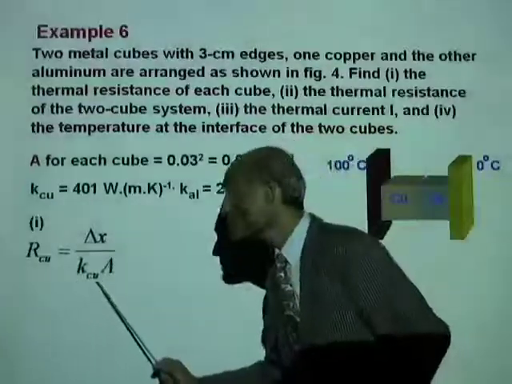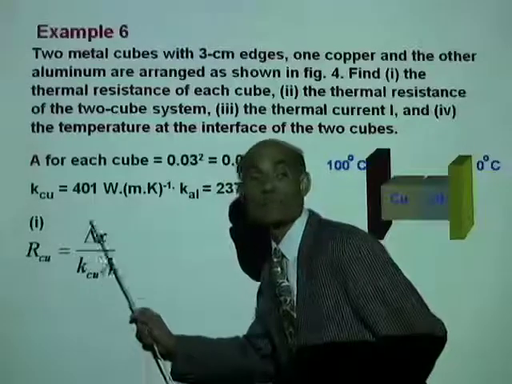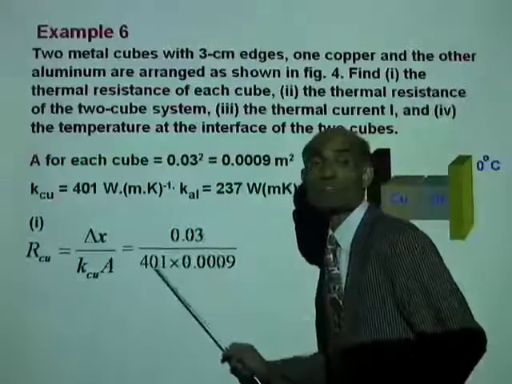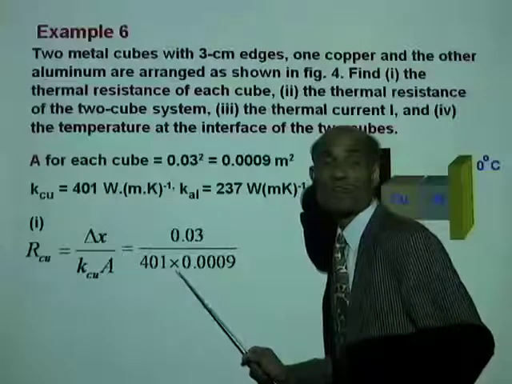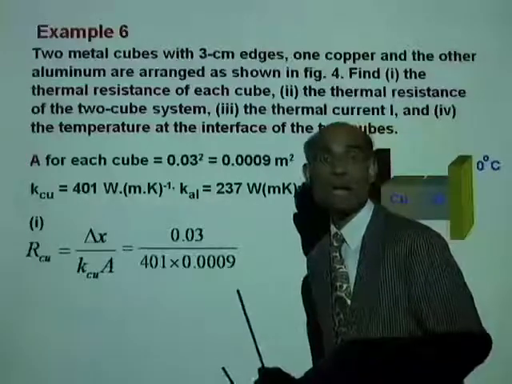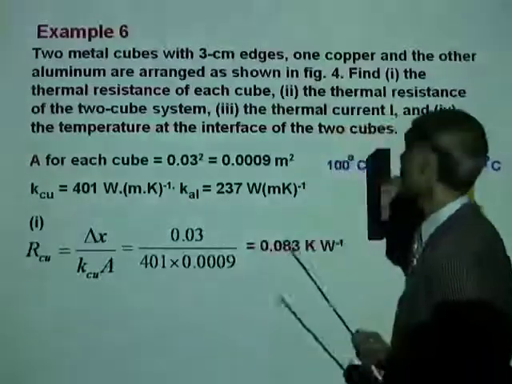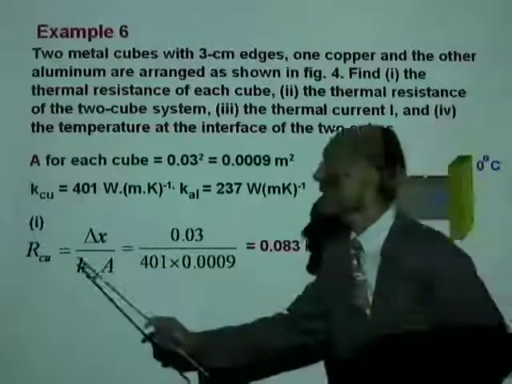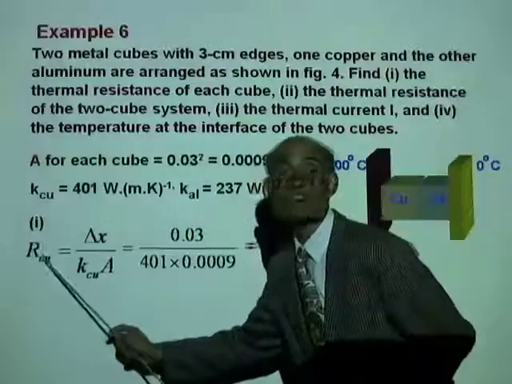Only the value of K will change. So let's put all these values there. That will be 0.03 divided by 401 times 0.0009, and that will be 0.083 Kelvin per watt. That is the thermal resistance of copper.